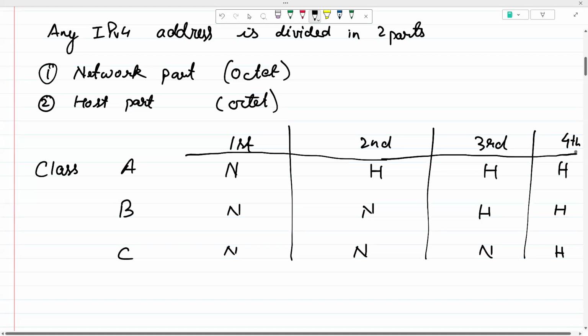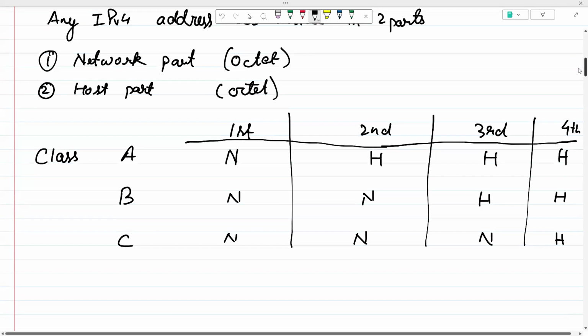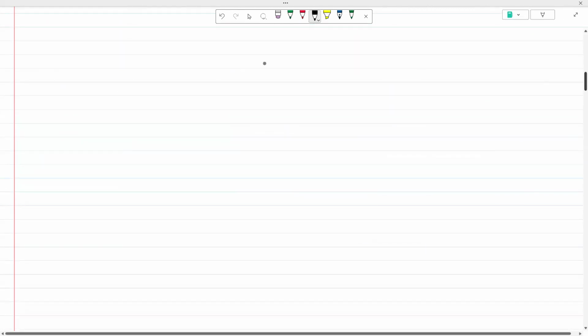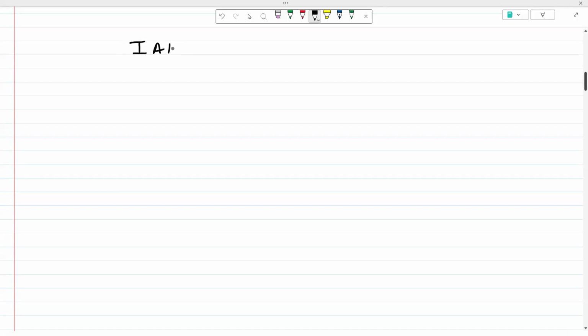Let's try to understand it from a real-time perspective, or an analogy. When IPv4 was being created, it was created by an organization called IANA.